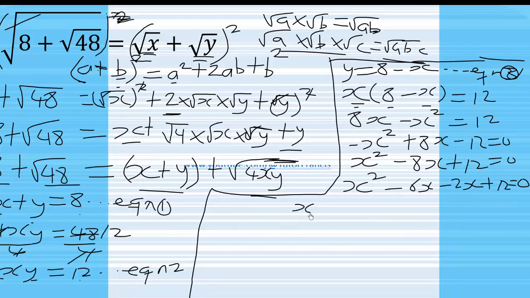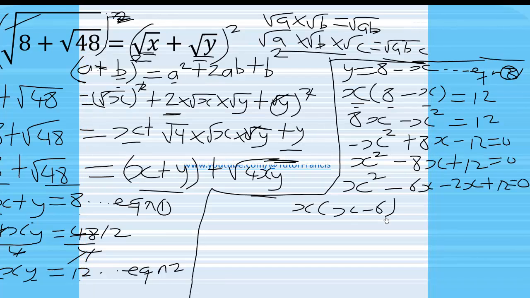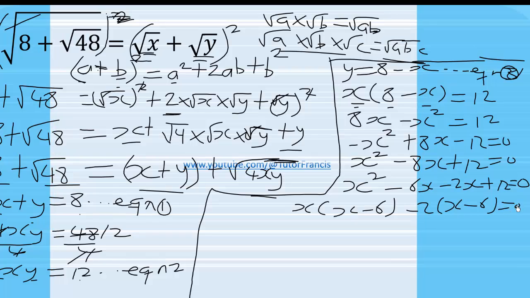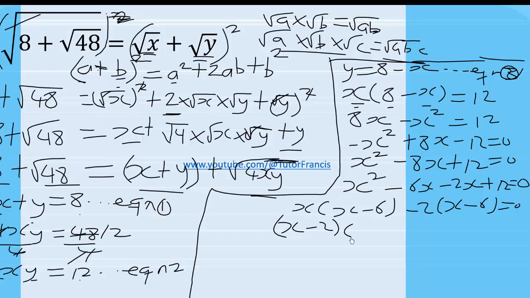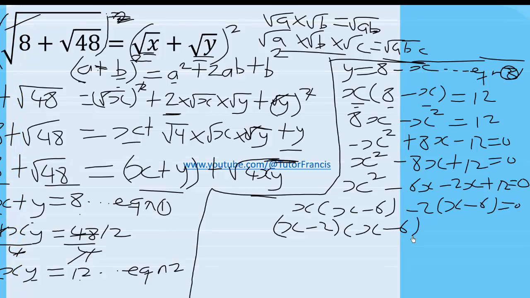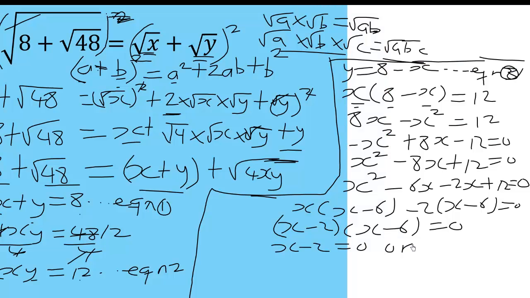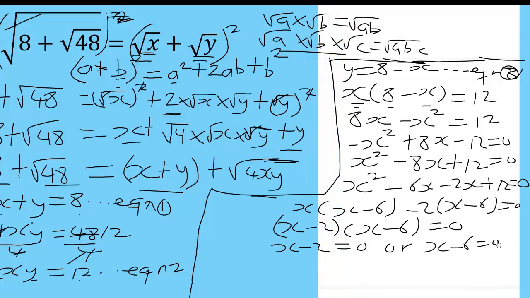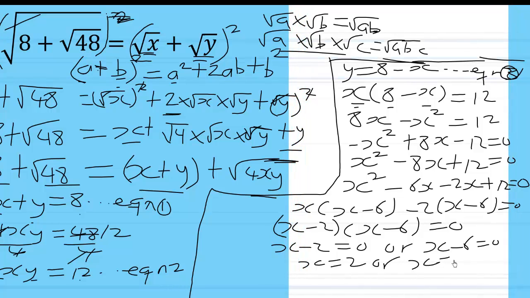So we have x into x minus 6, then minus 2 into x minus 6 is equal to 0. So we have x minus 2 into x minus 6 is equal to 0. So either x minus 2 equals 0 by the zero product property, or x minus 6 equals 0. So x is equal to 2 or x is equal to 6.